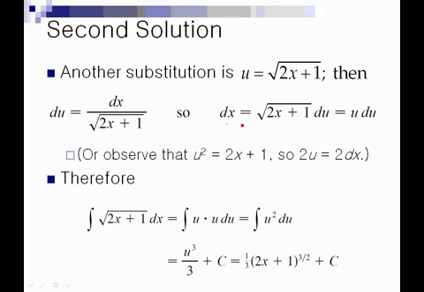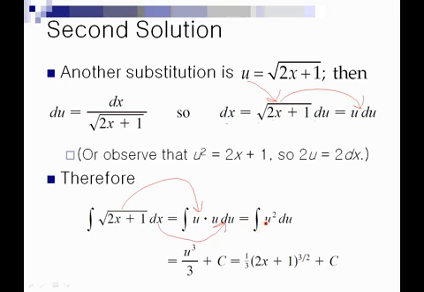So dx is the square root of 2x plus 1 du, but we know that's also u. So dx is u du.